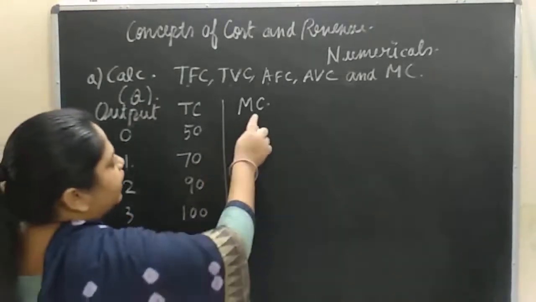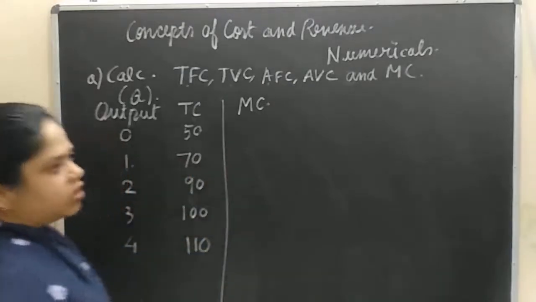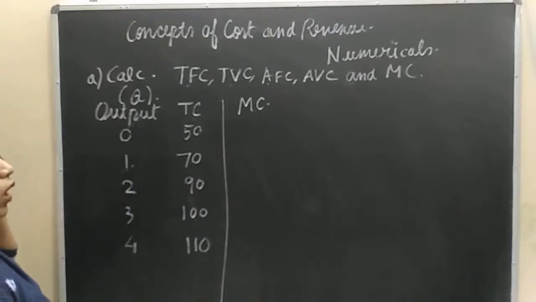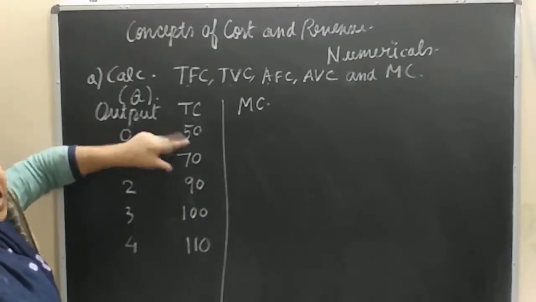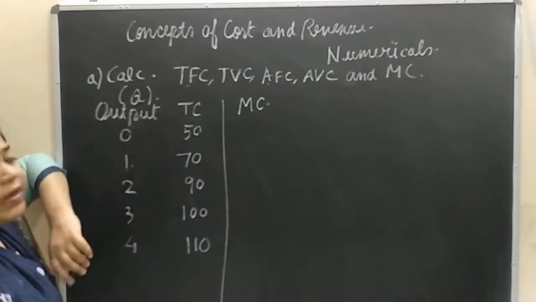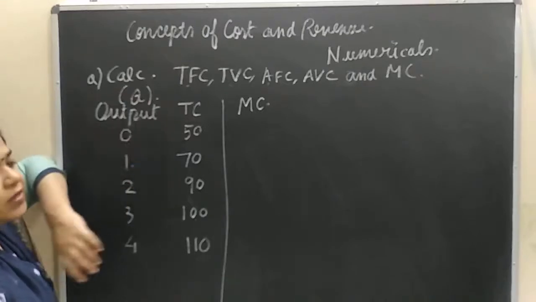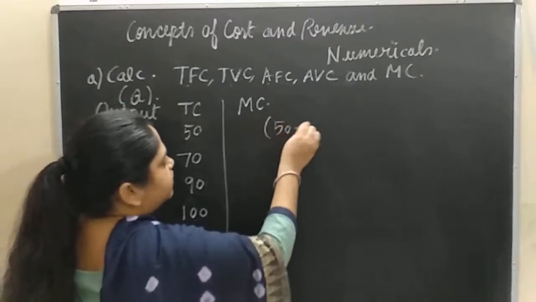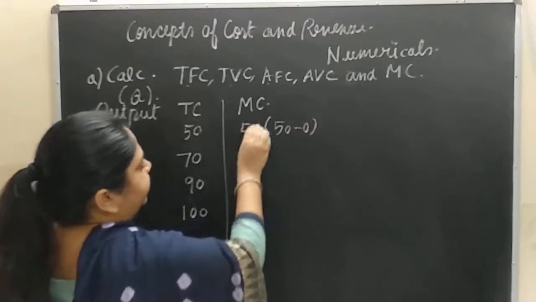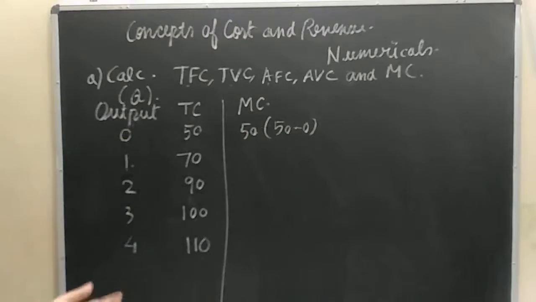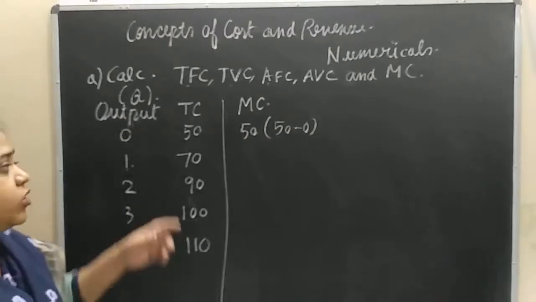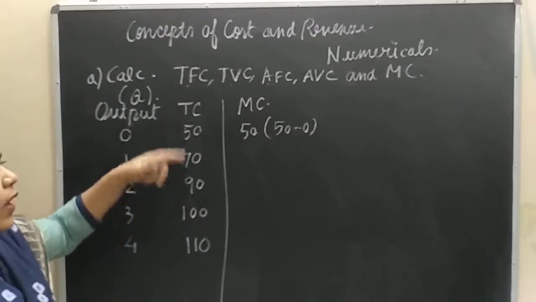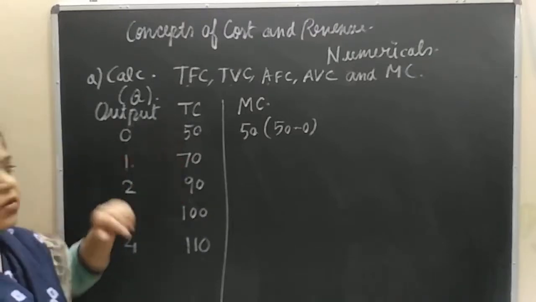So how are you going to calculate the marginal cost? We know that this is 50, above it nothing is given, so I'll assume it is 0. So it will become 50 minus 0 equal to 50. You simply take this value, deduct the previous value and you get the answer.